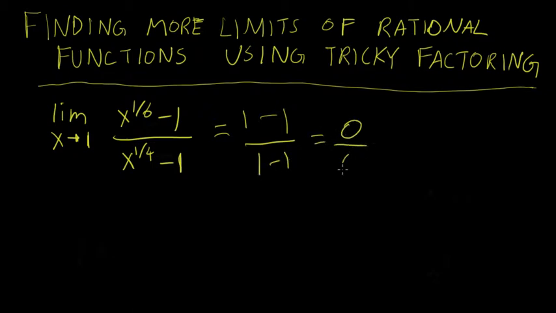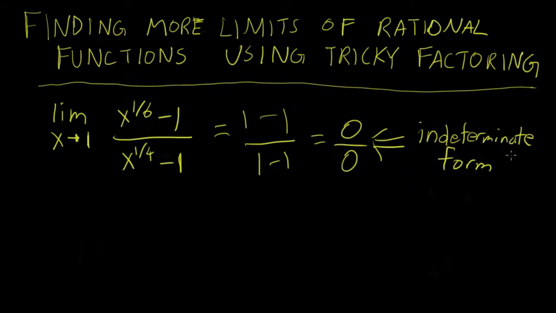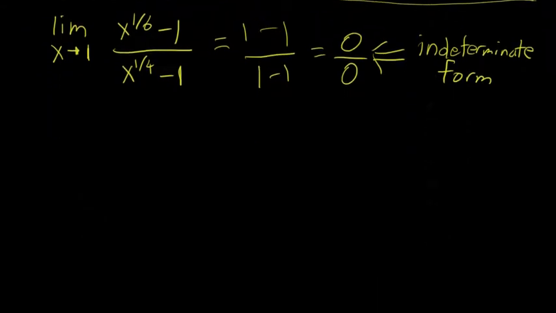So you get a 0 over 0 indeterminate form here. And of course, to get around this indeterminate form, we are going to have to do some algebra.